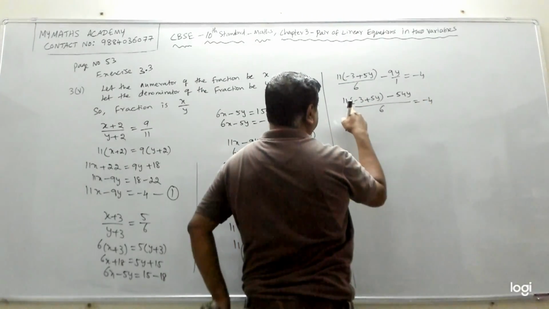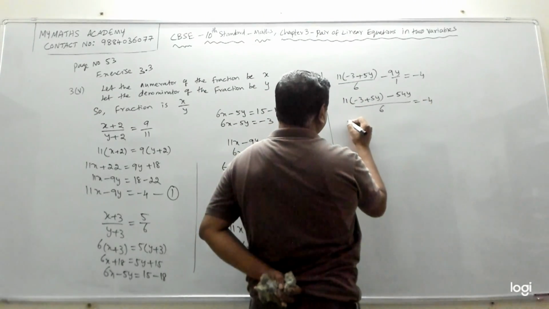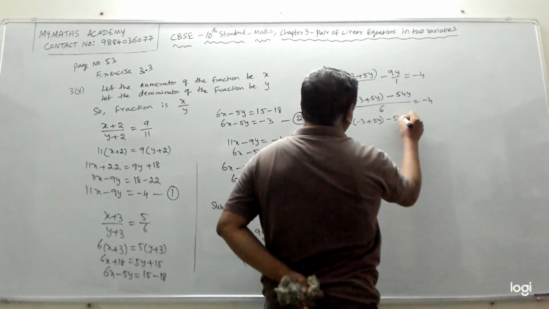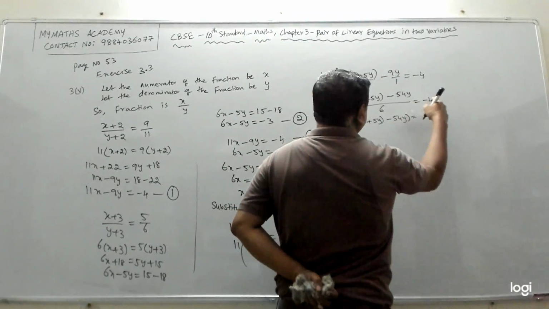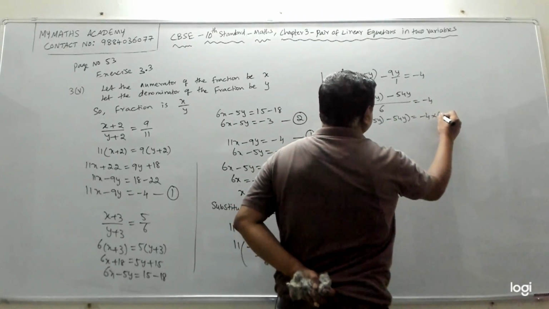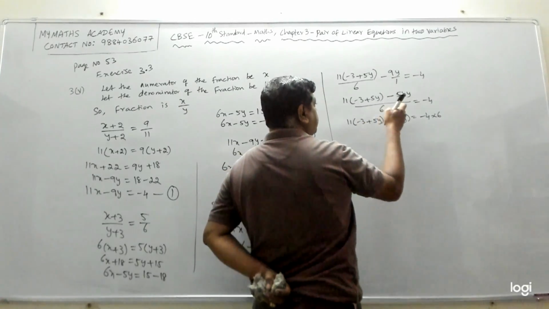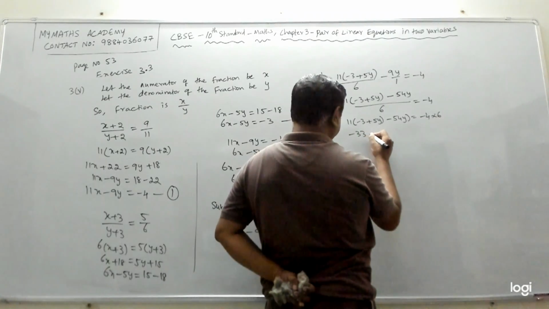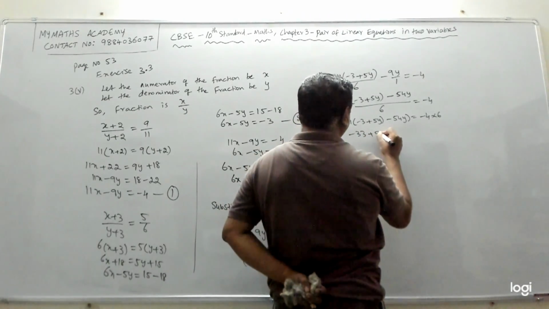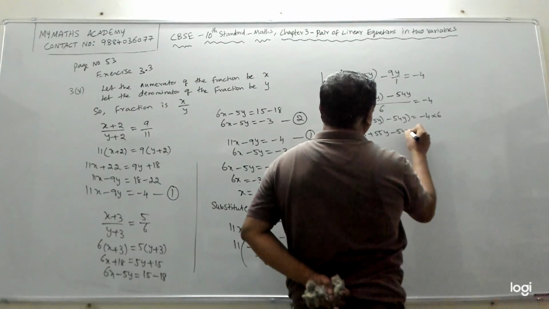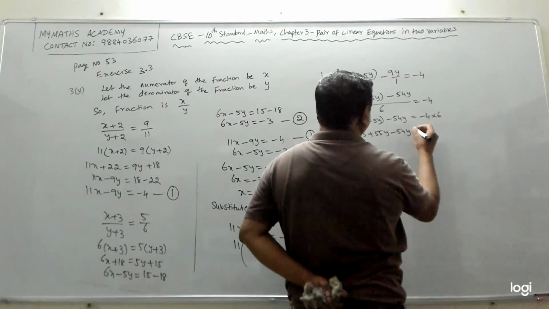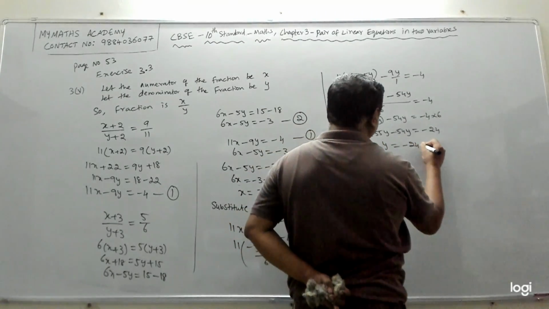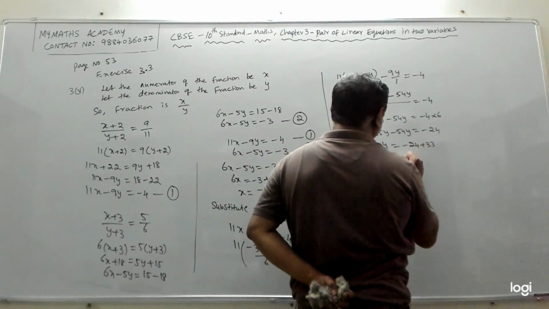Now multiply this. So we get 11 into minus 3 plus 5y minus 54y equal to minus 4 into 6. The 6 will go; this is by 6, if it goes this side, it will become multiplied by 6. So this is minus 33 plus 55y minus 54y equal to minus 24. So this is y equal to minus 24 plus 33. So y is equal to 9.